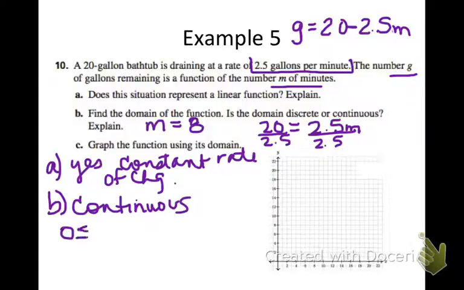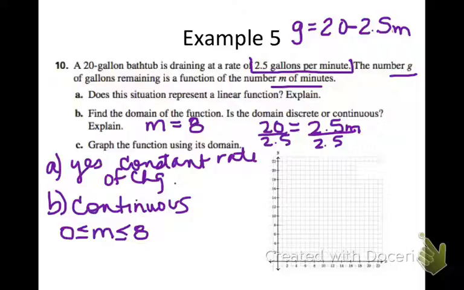So 0 is less than or equal to M, which is less than or equal to 8. A tub can drain for part of a minute, so the time can be any value between 0 and 8, and that's what makes sense for it to be continuous.